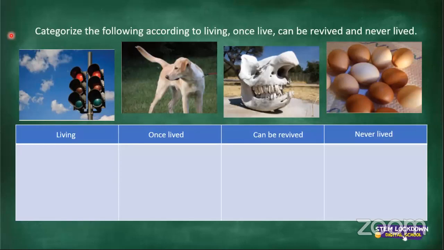If it once lived, then it is something that is dead, basically, but it lived before. If something can be revived, remember we spoke about this yesterday, it is something that will be alive if it's under the right conditions. And then something that has never lived, right?